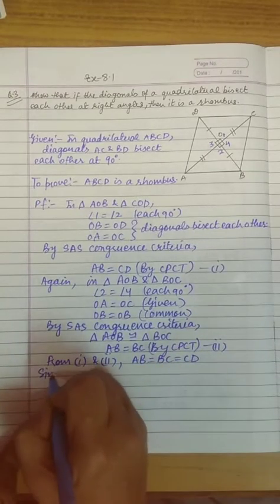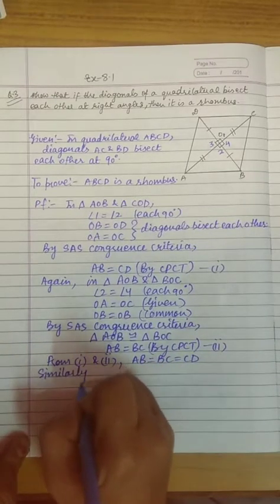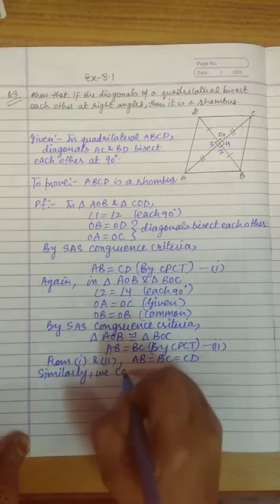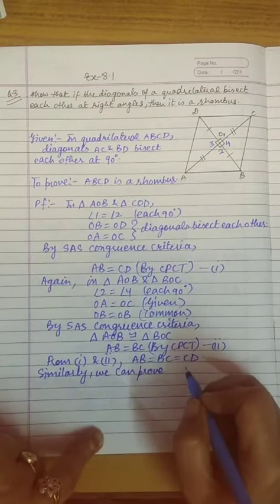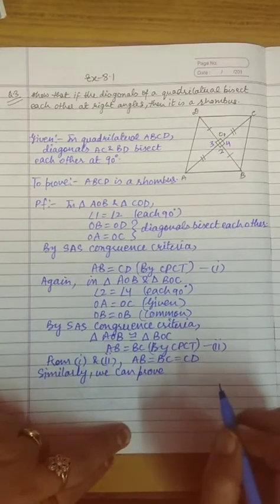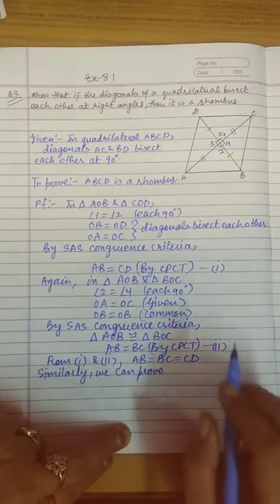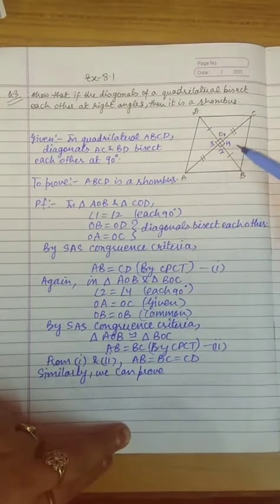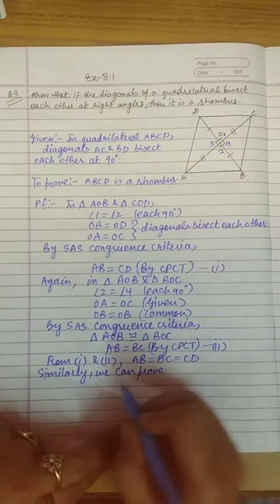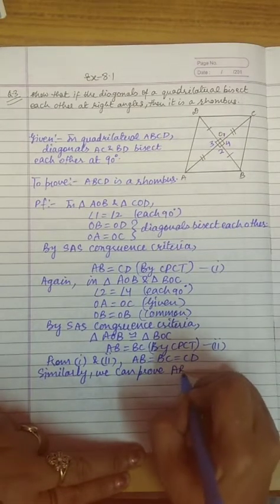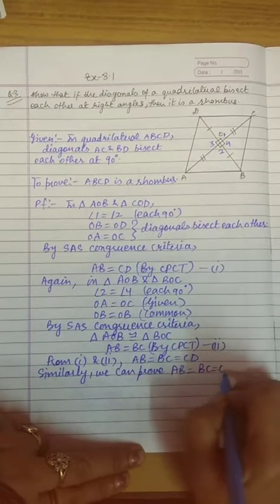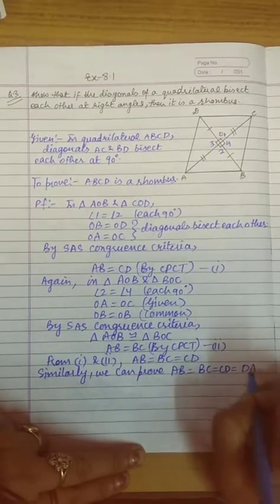Similarly, we can prove that the fourth side of this quadrilateral is also equal, so AB is equal to BC is equal to CD is equal to DA.